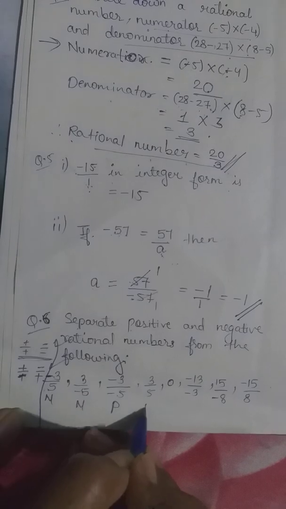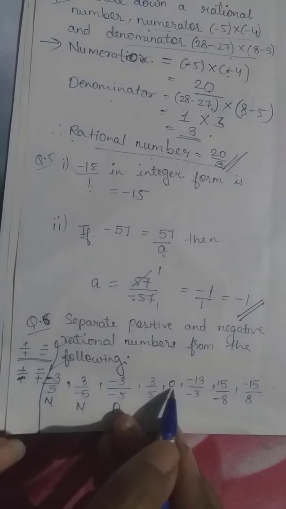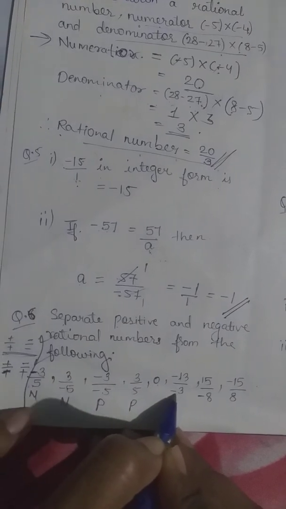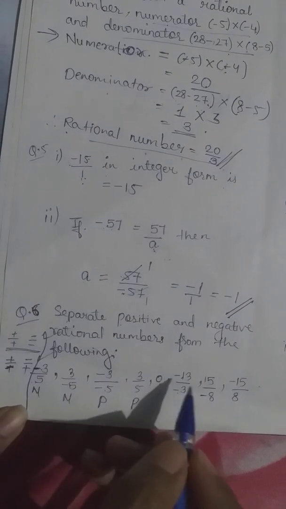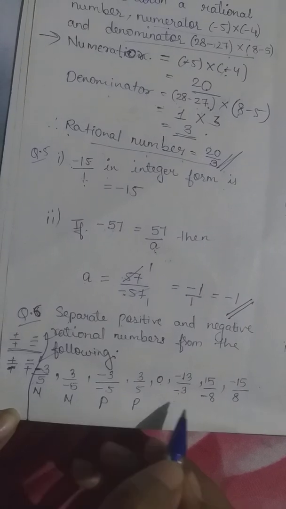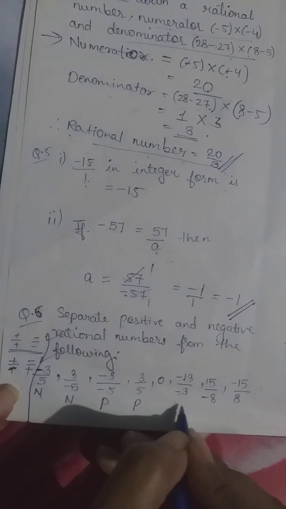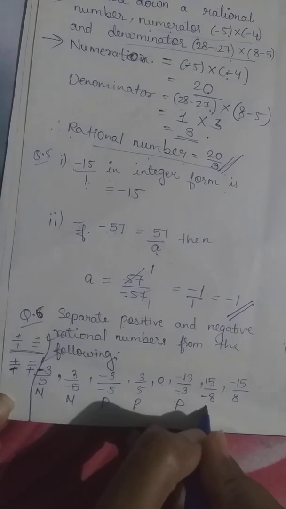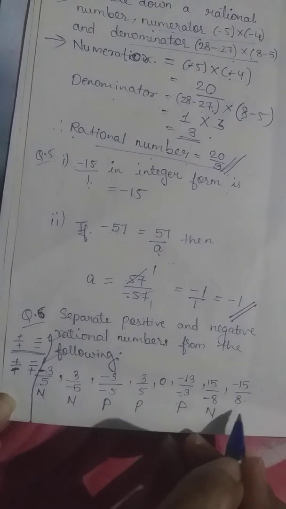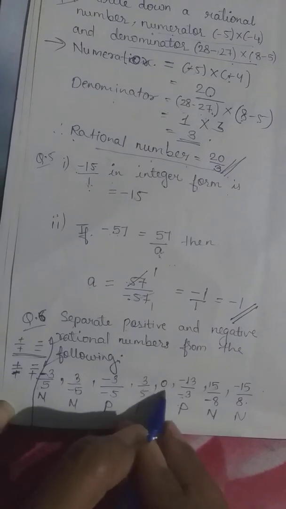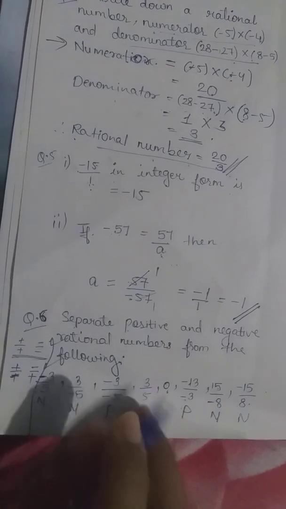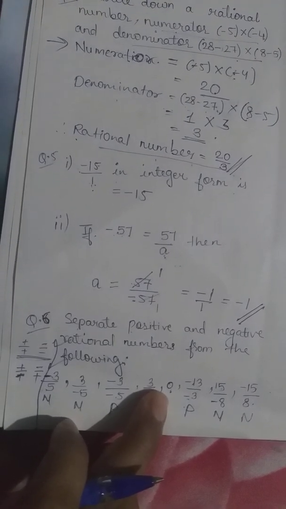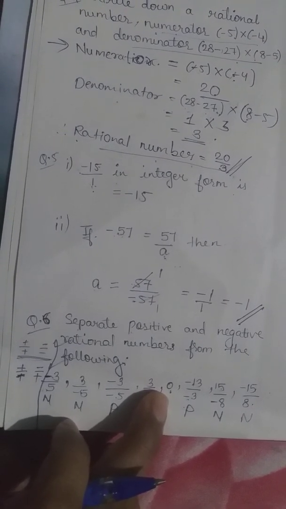Both are positive, then positive. 0, I will tell you later. Then minus 13 by minus 3, sorry, my mistake. Both negative, then positive. One positive, one negative, negative. One negative, one positive, negative. But what about 0? Yes, for this I will write 0 is neither positive nor negative.